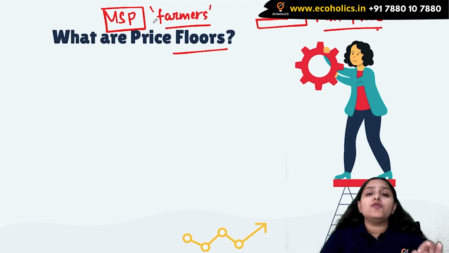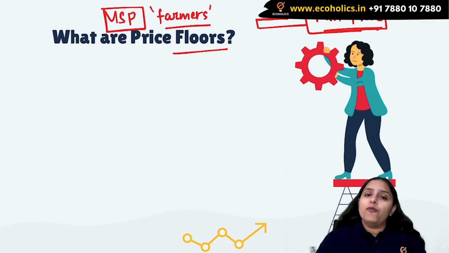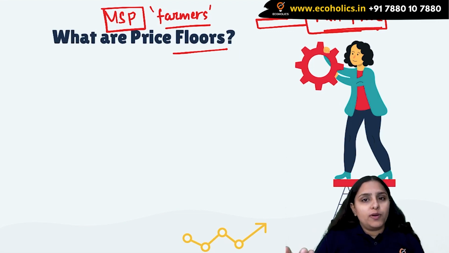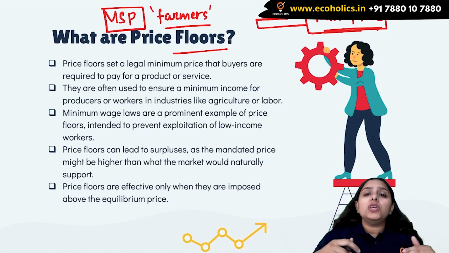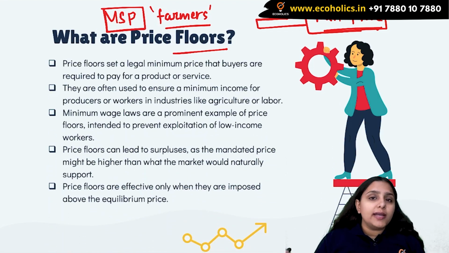Whenever we have to save the producers from exploitation, price floor comes into the picture. So what does price floor do? It imposes a minimum price that has to be given. Now, of course, you can give a price over and above that as well, but that is the minimum you will be getting. So even the producers are aware of their right, so they do not accept offers below this minimum price.